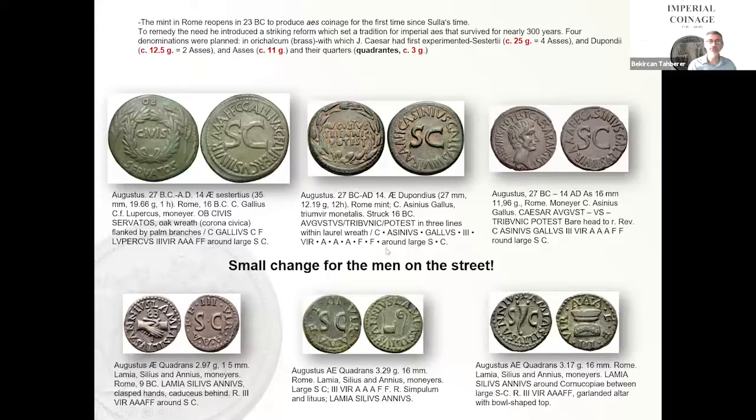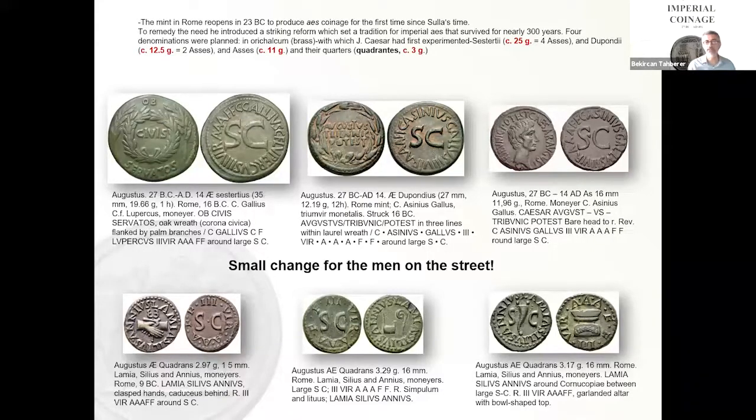They, of course, come in different styles and different topics, but in general, the size of the sestertius is 35 millimeters and around 20 grams. The dupondius is smaller, half of its weight, a little smaller and even lighter.